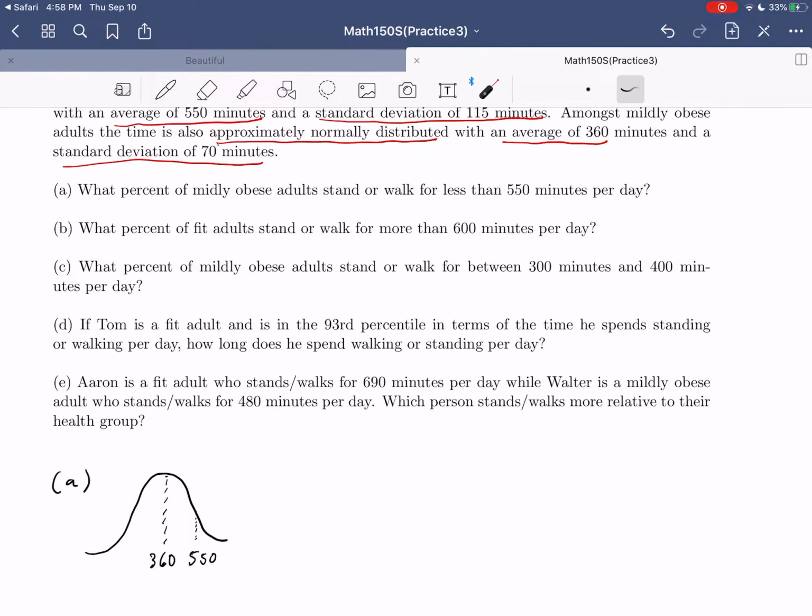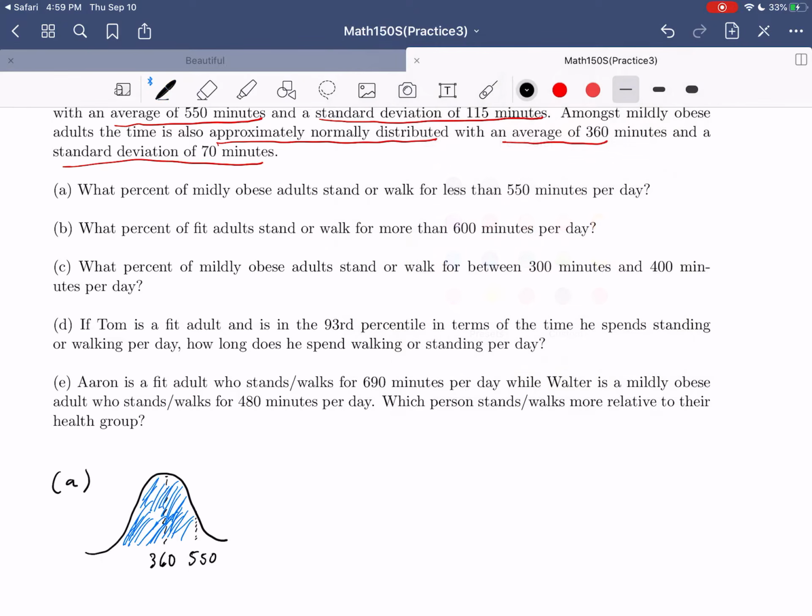Remember, the area under the normal curve represents the percentage of the population that has that trait, so we're interested in all the stuff to the left here, because it specifies less than 550 minutes.